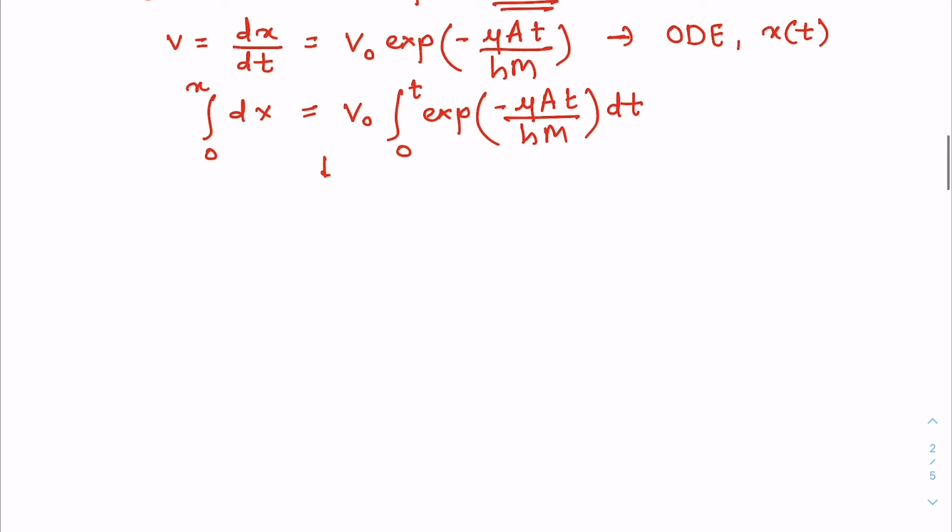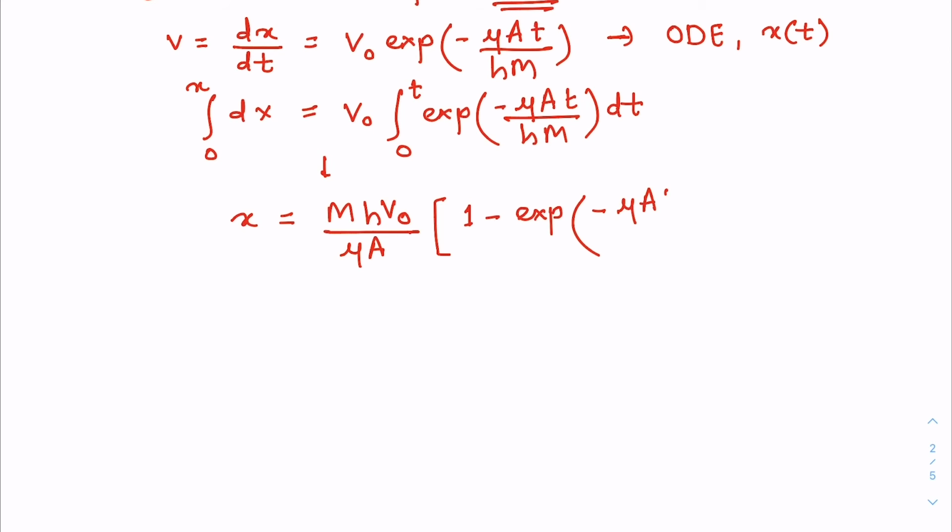Solving this, you will get x equal to m h v naught by mu times A, times 1 minus exponential of minus mu A t by h times mass.